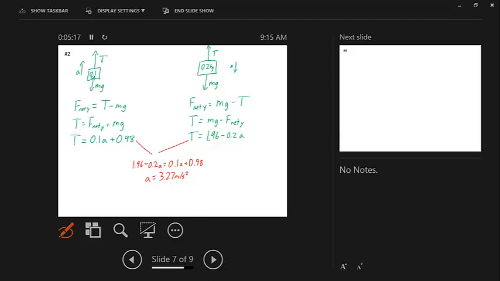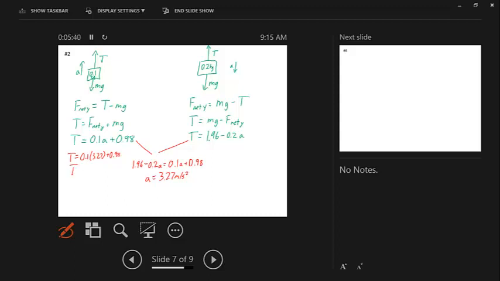Now I'm going to go ahead and plug it in. This one looks easier to plug into this time. So tension will be equal to 0.1 times 3.27 plus 0.98.